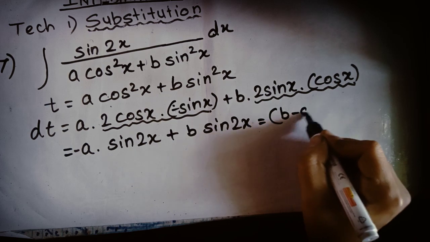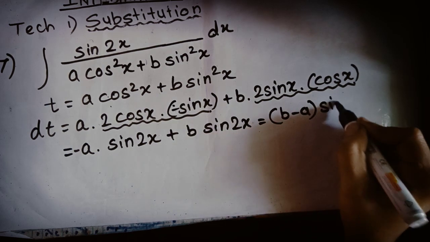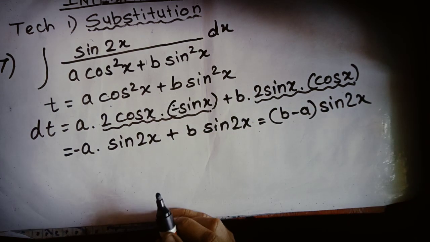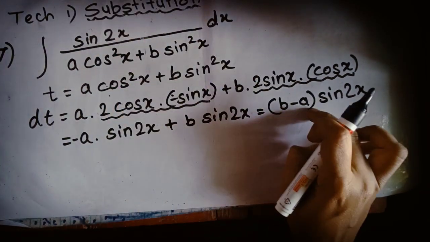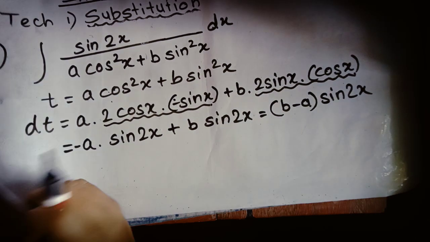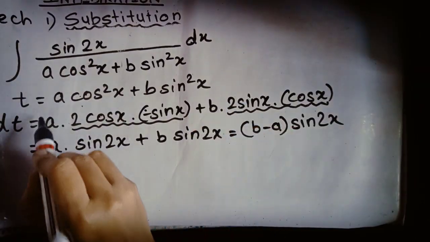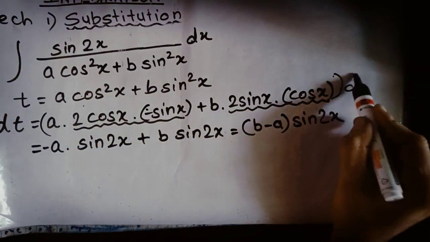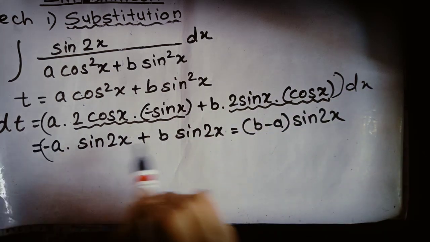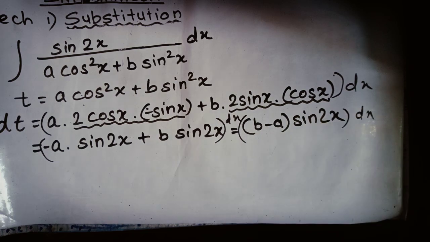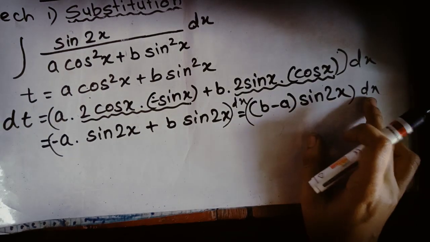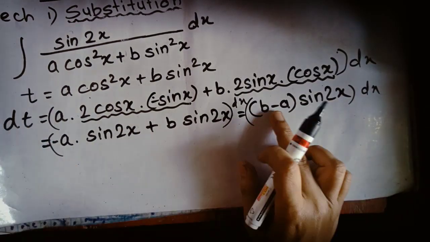So inside it will be b minus a, sine 2x. So we got dt here as b minus a, sorry, I have not written dx, you have to write dx everywhere. So our sine 2x dx is dt upon b minus a.